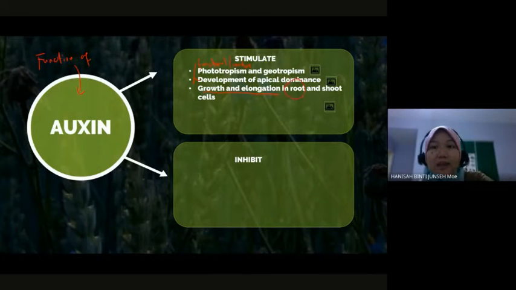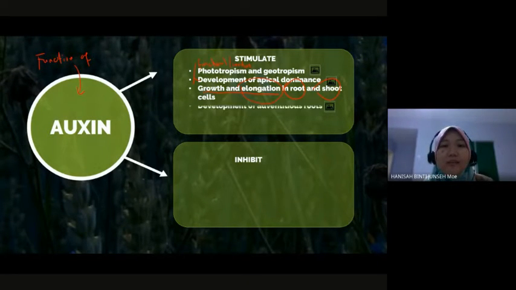It is related to apical dominance from just now. Highlight there: why the shoot and the root can become longer is because of auxin. Elongation means making the root and shoot longer.